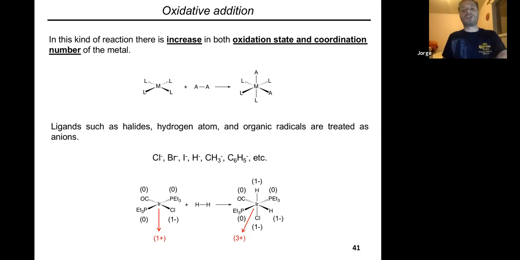This indication is going to be confirmed by the increase in the oxidation state of the iridium, going from 1 plus to 3 plus. Okay? So that's an example of oxidative addition, and that's usually the beginning of the catalytic cycle.